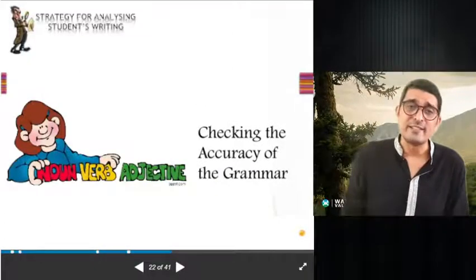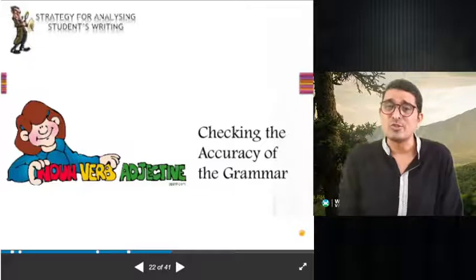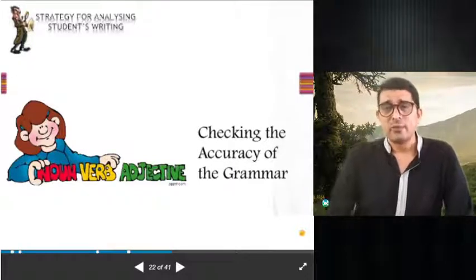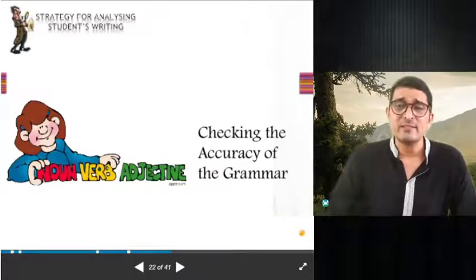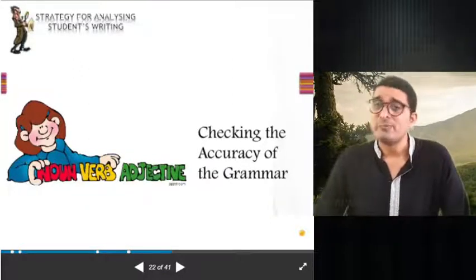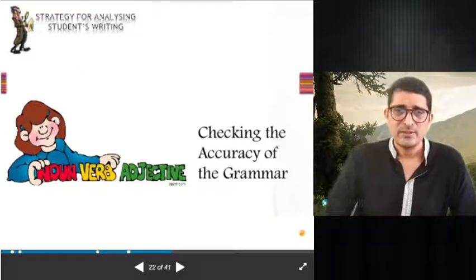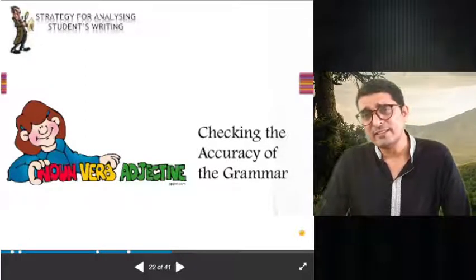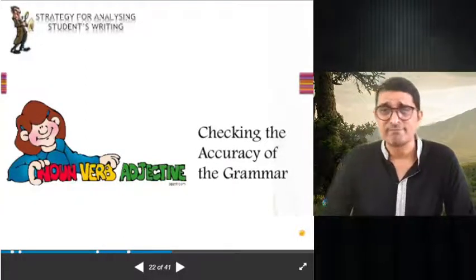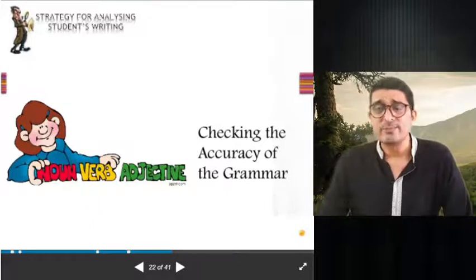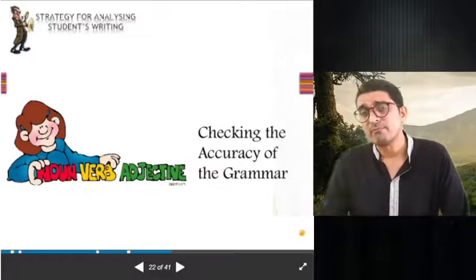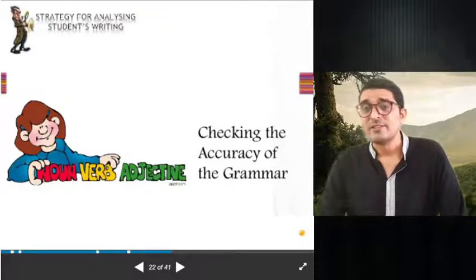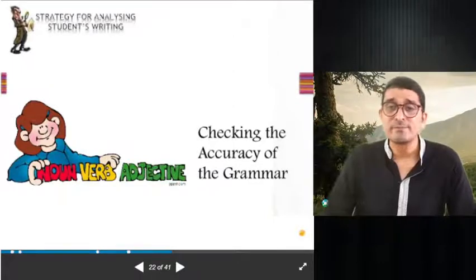Then another criteria is checking the accuracy of the grammar. This is also important. Nowadays, people are valuing the papers just by looking at the PowerPoint points. This is something unfortunate. And this is seen even in the case of B.Ed paper valuation. Now, in the B.Ed syllabus, there is a paper called Language Across Curriculum, and this paper is meant for developing the linguistic skills of the students.